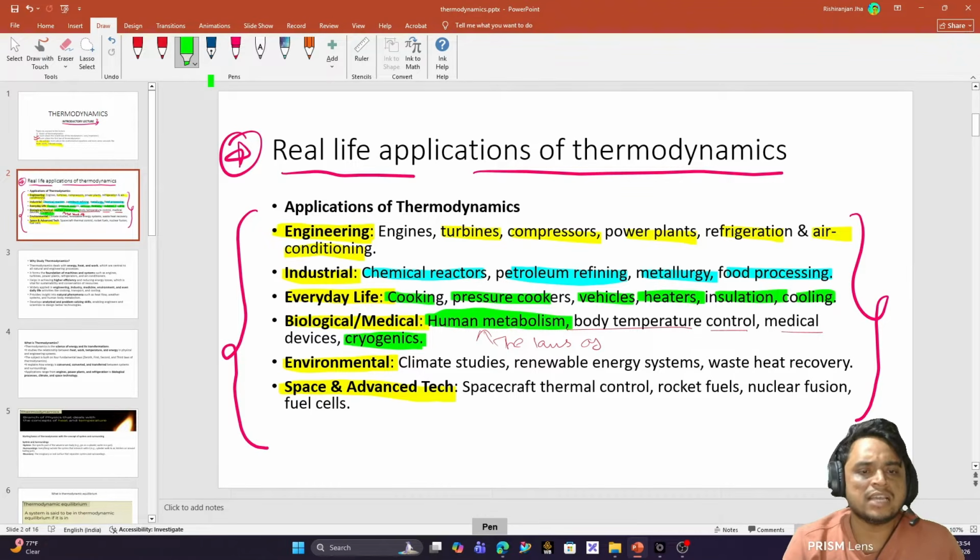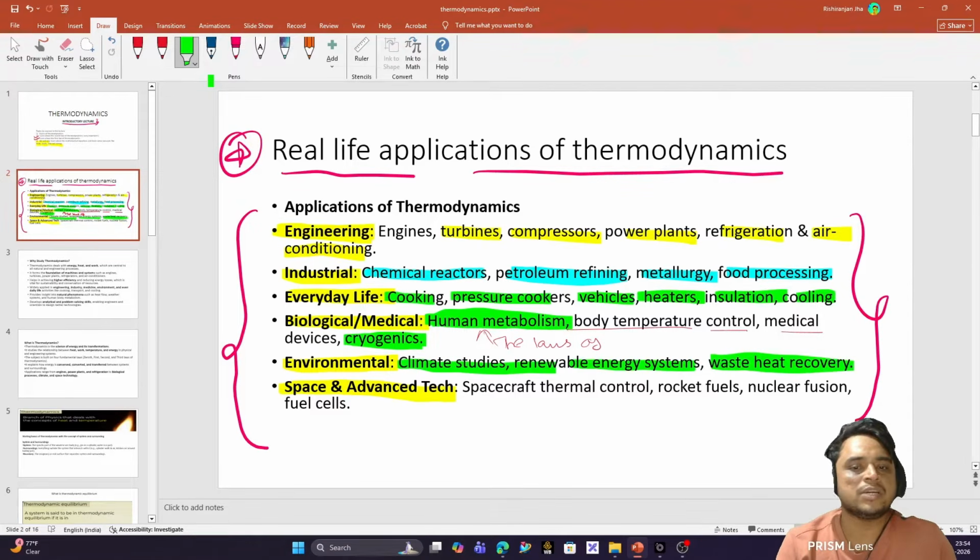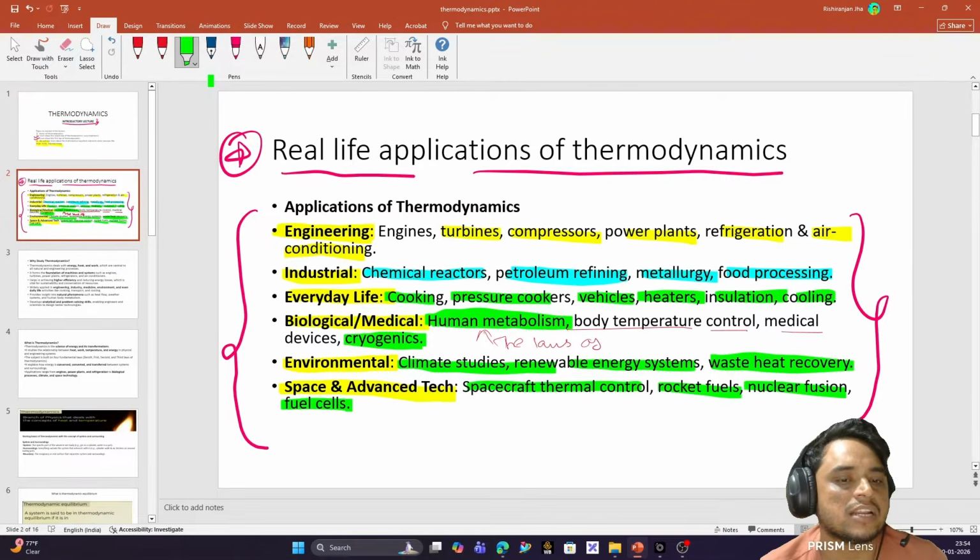It's an advanced application in the biological and medical field. In the environment, climate change, renewable energy systems, and waste heat recovery are the most famous examples of real life applications of thermodynamics. In space and advanced tech, spacecraft thermal control systems, rocket fuel systems, and nuclear fuel cells all have their application in thermodynamics.